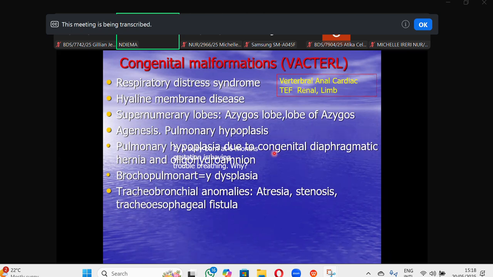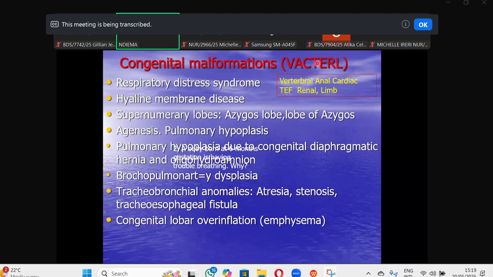Some of these conditions are noted to have common genes. Therefore, when you have any of these conditions, they will also be associated with other conditions.